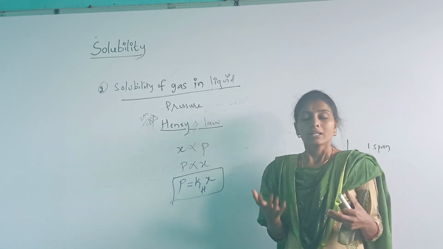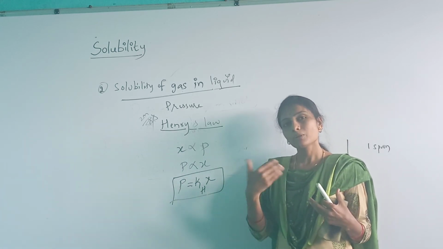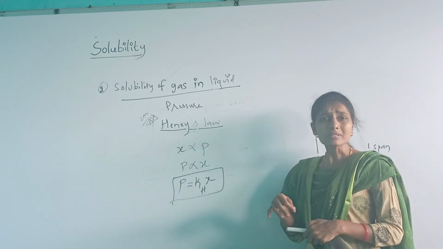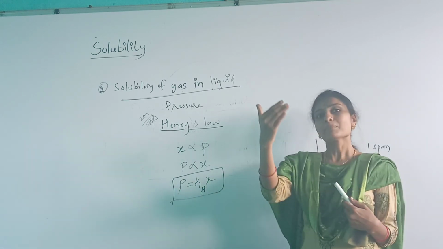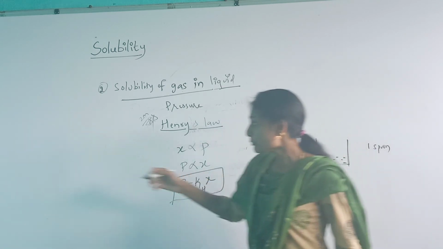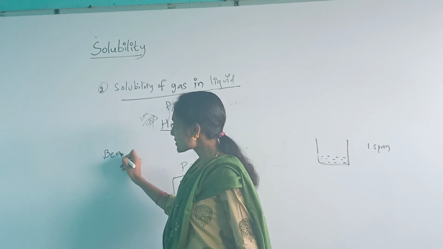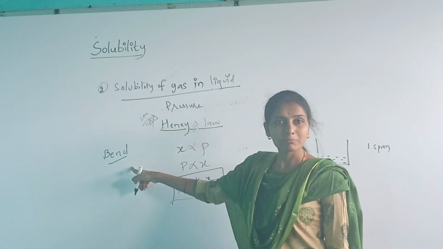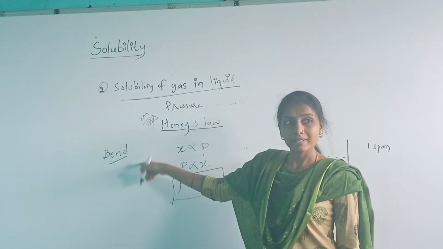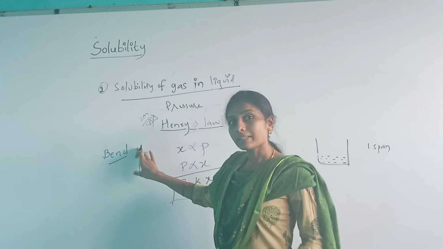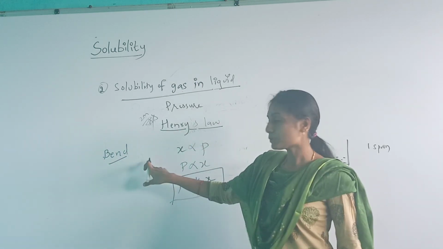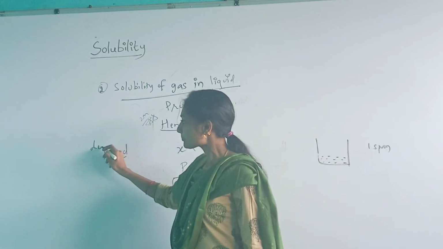By that, as more and more amount of N2 and O2 are getting added into the tissues, when he comes up, it will all be going out. That more amount of N2 and O2 causes a special type of disease called bends. High concentration of N2 and O2 is present in the tissues, and that is happening when the person is going deep into the sea.